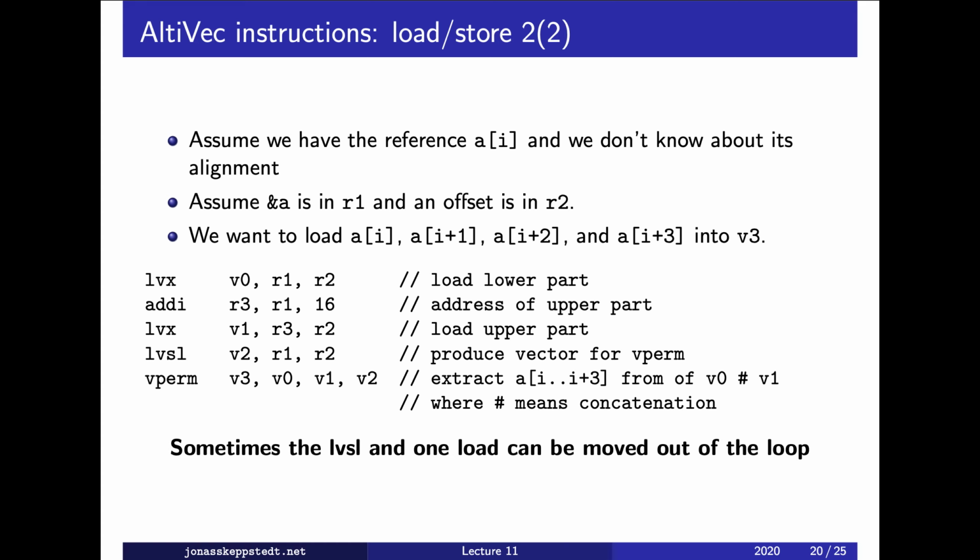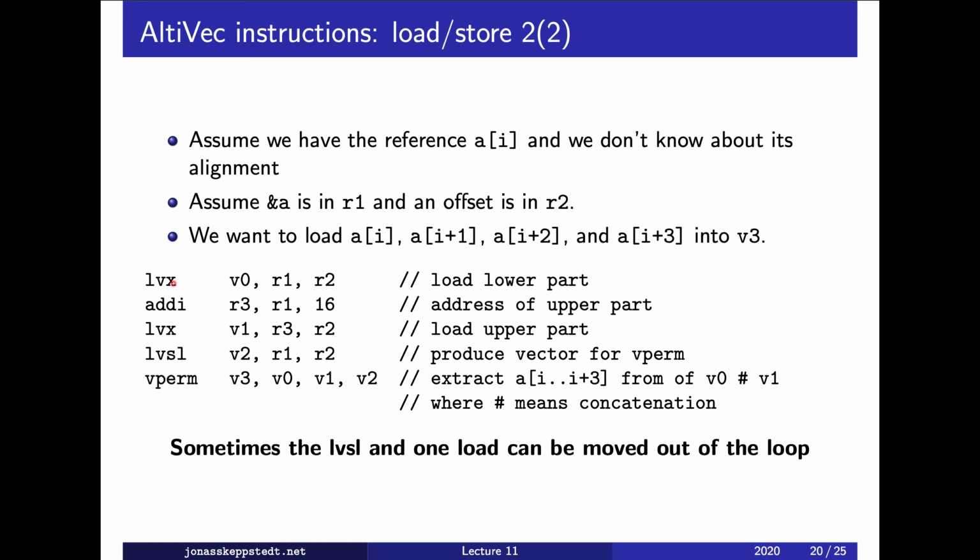So, say we want to read 4 elements of an array, and we don't know the value of I. Say we have the address of A in R1 and the offset to the first element that we want to read in R2.